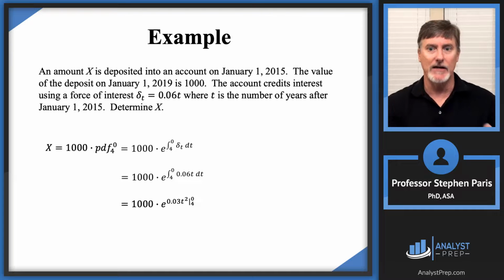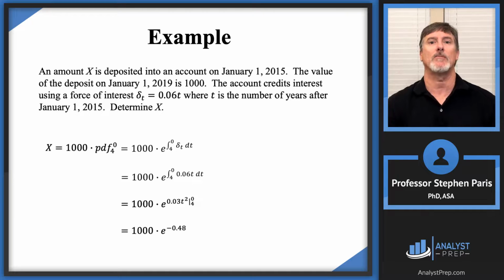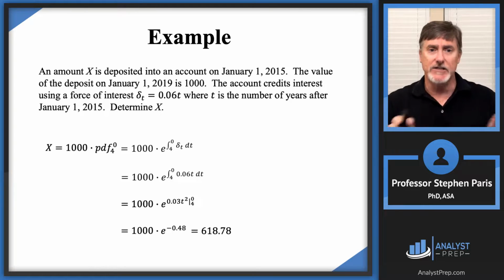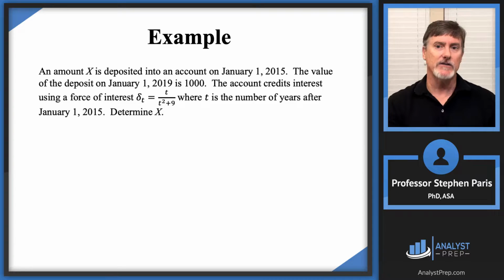I got 0 minus 0.48, so the exponent is going to be minus 0.48, and then go through the arithmetic here, and you'll get 618.78. So if the delta t is not given to you in that form as a fraction, you have no choice but to just do something like this. Okay, however, in this case, the delta t was given to me as a fraction.